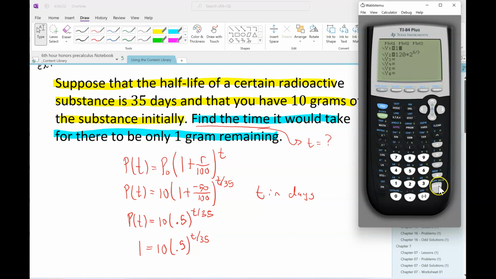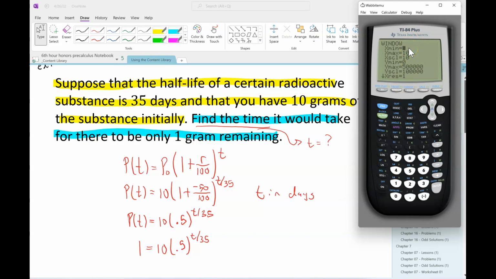So 1 goes in the one equation. 10 times 0.5 to the x over 35 goes in the other equation. And then we'll set our window.